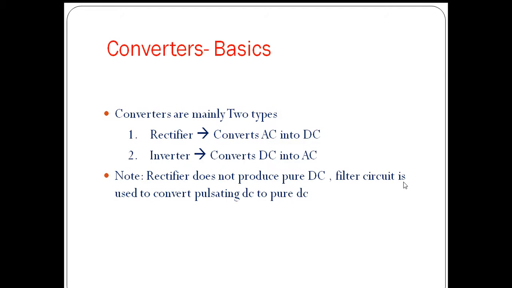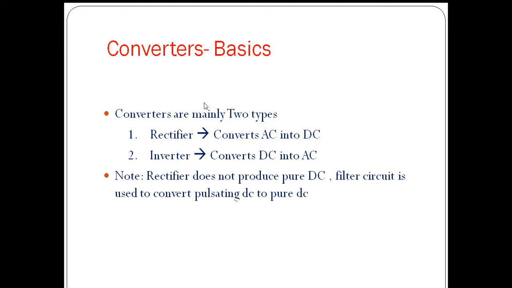Those pulses are removed by using a filter circuit. This filter circuit converts the pulsating DC into pure DC. So pulsating DC is available at the output of the rectifier, and it is connected to a filter assembly.